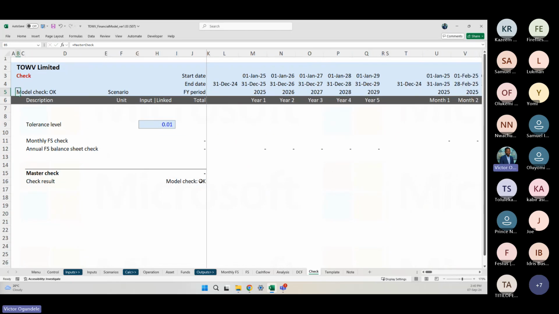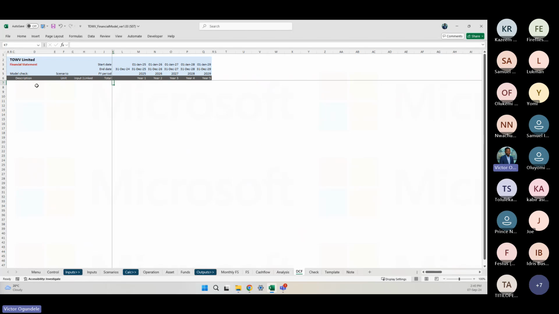So on all of your worksheets where we've typed model check manually, you just go there, type equal to master check on all of your worksheets. Just do it for one, now you can copy it and paste it across.